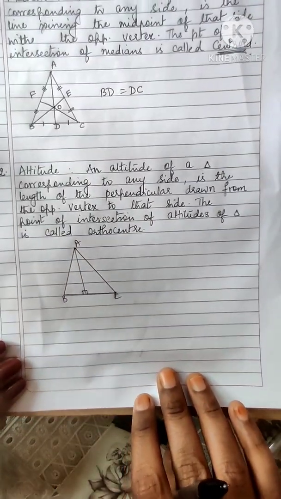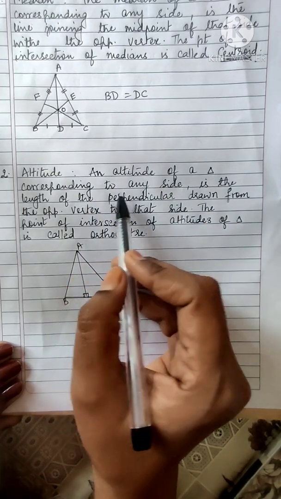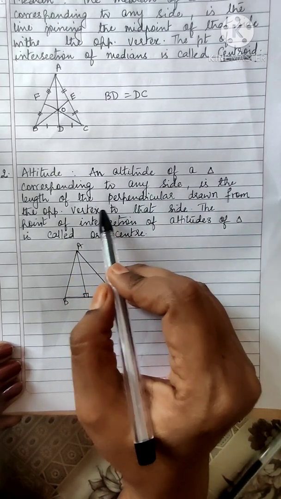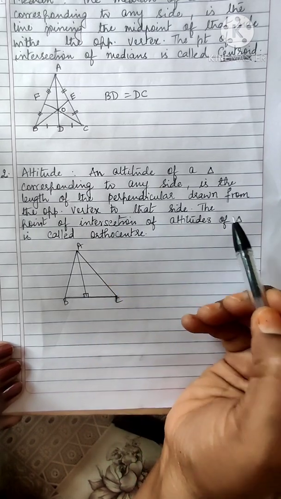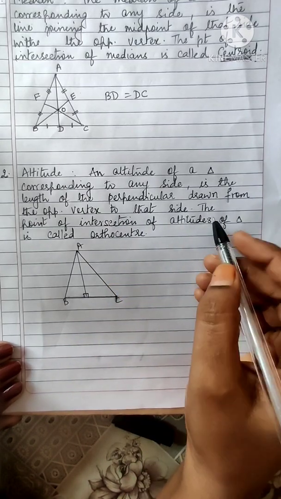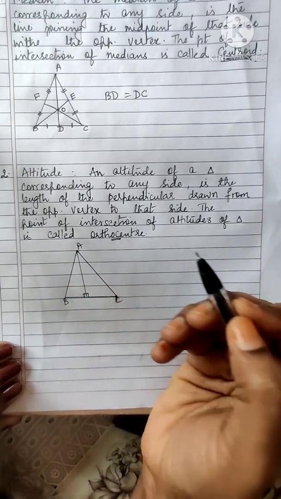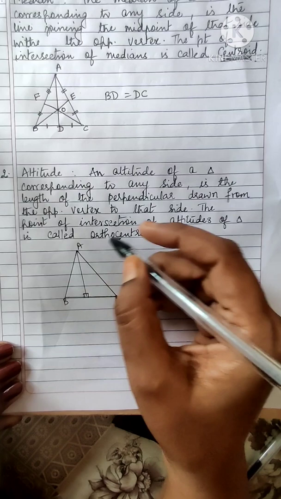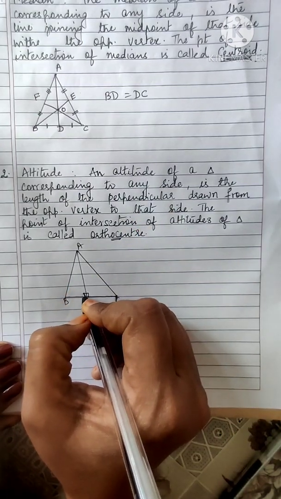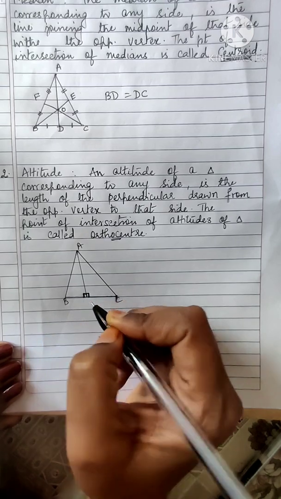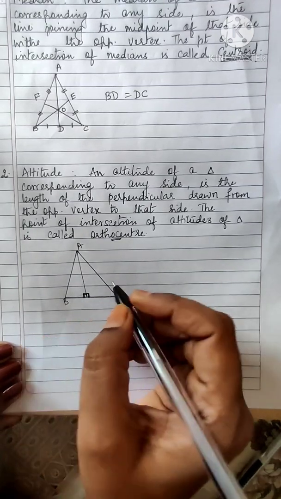The next one is altitude. An altitude of a triangle corresponding to any side is the length of the perpendicular drawn from the opposite vertex to that side. The point of intersection of the altitudes of a triangle is called the orthocenter. Now that means an altitude is actually a perpendicular, so it makes an angle of 90 degree on the opposite side.